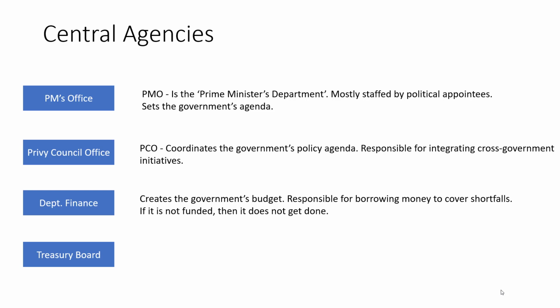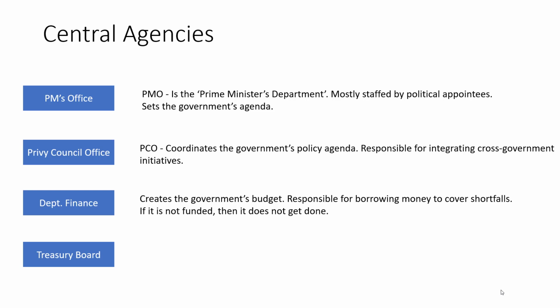Now, very often, the government spends more money than it can collect in tax dollars. It's therefore the responsibility of the Department of Finance to go out and borrow the money to cover those costs. And the way it works is if the initiative is not funded in the budget, then it does not get done. So the budget is a very important, critical product that the government is responsible for, and the Department of Finance is responsible for creating it.